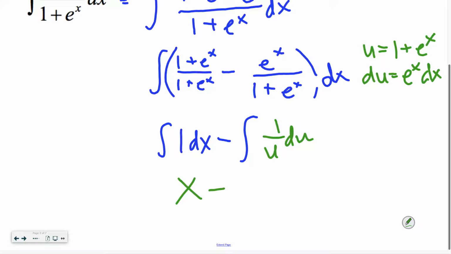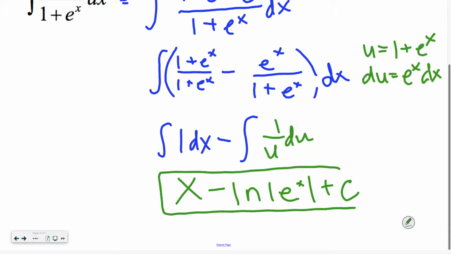Minus 1 over u's antiderivative would be... I guess technically I wouldn't need the absolute value because e to the x... There you go. 1 plus e to the x is always positive.